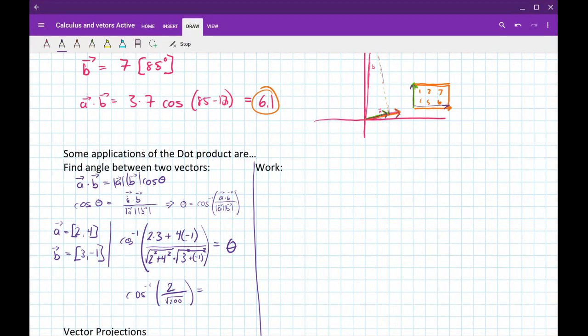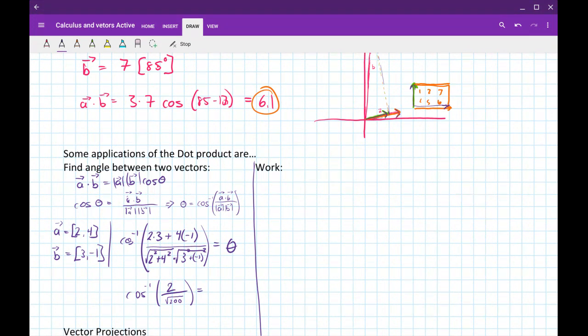Let me go ahead and calculate that. It's going to be the cosine inverse of 1 divided by 5 root 2.